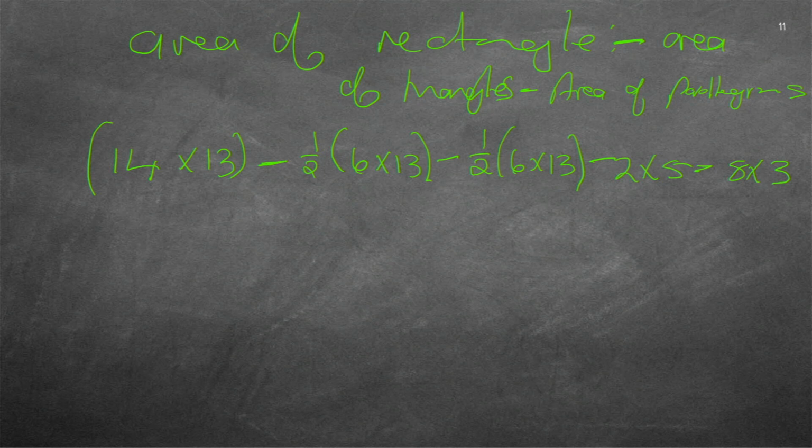So 14 times 13 is 182 minus, now these two are the same, so you're going to end up with minus 39, so it's going to be minus 78, minus 10, minus 24. And what will be left is 70 meters square.